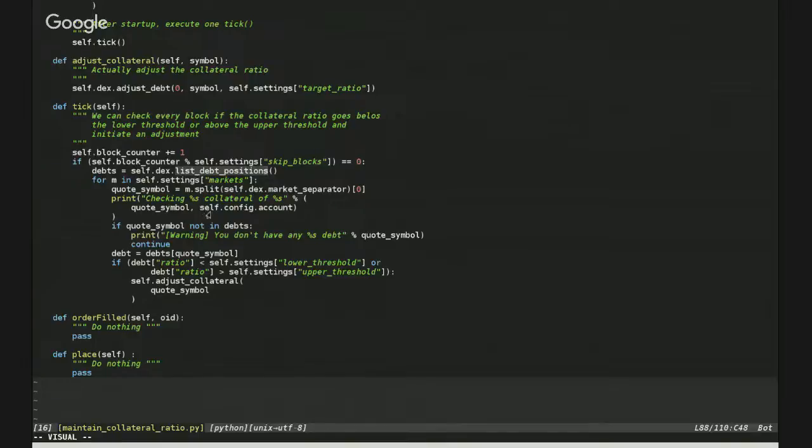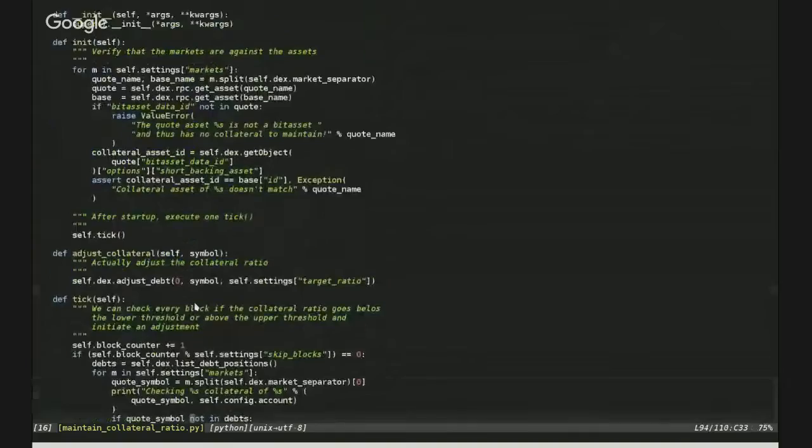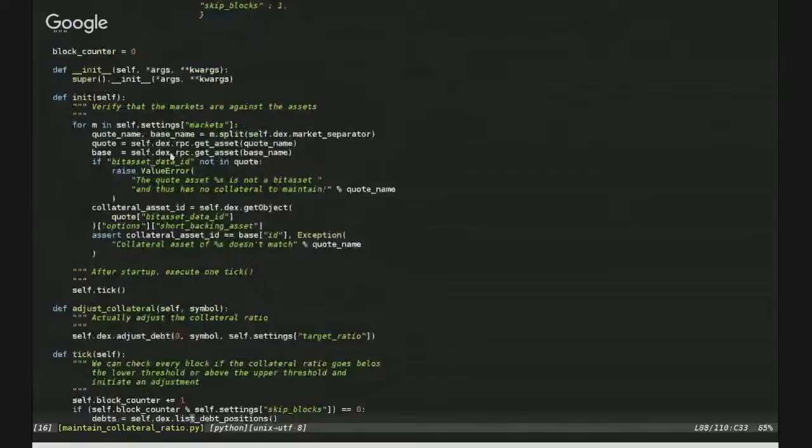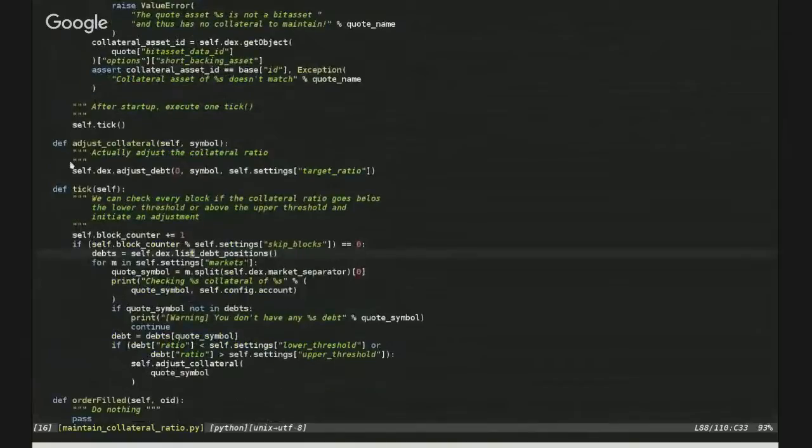So this is the watch account or market account, and for every asset you have in the market list above here, it figures out whether the debt ratio of that particular position is in between the lower and the upper threshold, and if not, it will just adjust the collateral. Well, and adjusting collateral is something that is dealt with behind the scenes in, where is it? No, it's in it. Adjust collateral debt here.